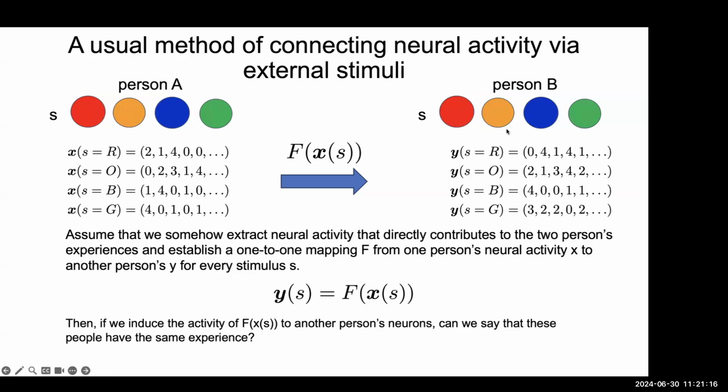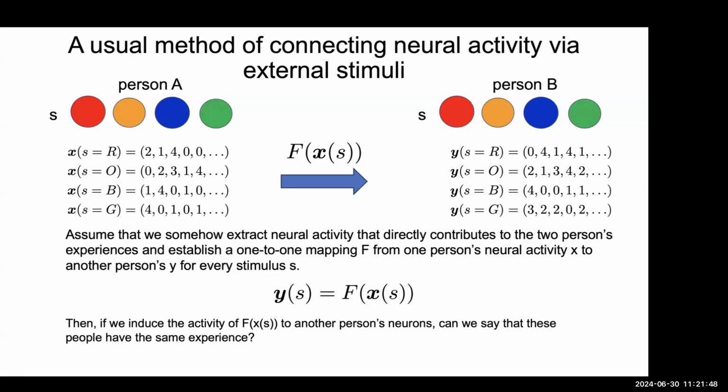And then we also have the responses to the same stimulus set in person B. And then we do some mapping between Xs, the neural activity in person A, and Ys, the neural activity in person B. And then we now have some mapping between X and Y.